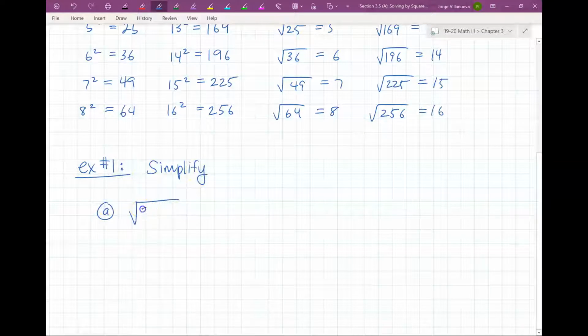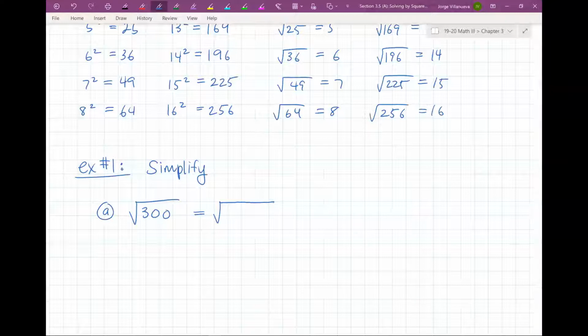And we'll do the square root of 300. Now notice, I don't have a square root of 300 listed. Okay? But what I have to do is break up 300 into a product of two numbers of which maybe one of them has a perfect square root to it.